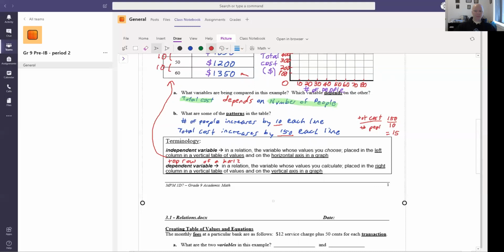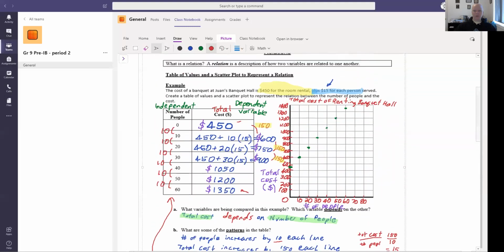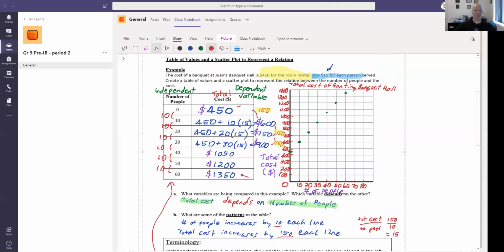Sometimes people write tables that are not vertical, maybe to save space. If they rotate this vertical table and turn it horizontal, the number of people would be in the top row and the total cost would be the bottom row.